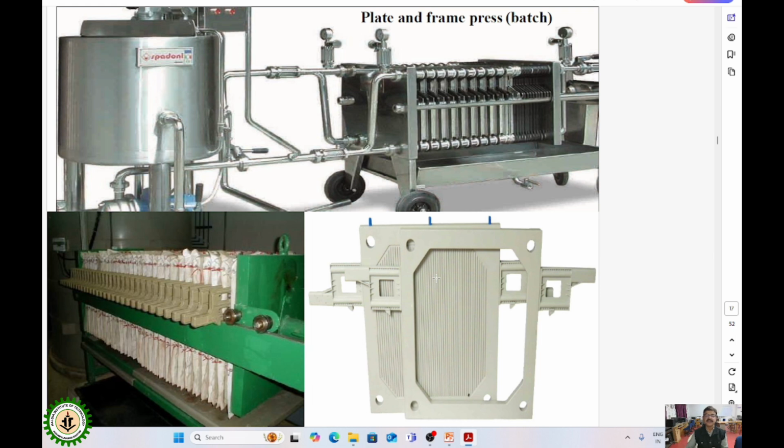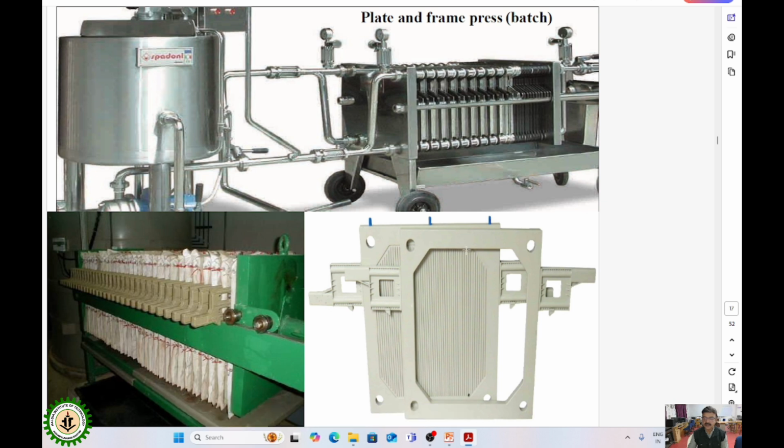I'm just showing the picture. You see, this one with the hollow middle portion is called the frame, and this is the plate. The main objective of using the plate is that the slurry is spread over the surface of the filtering media.